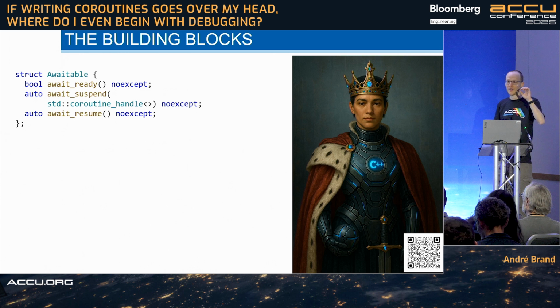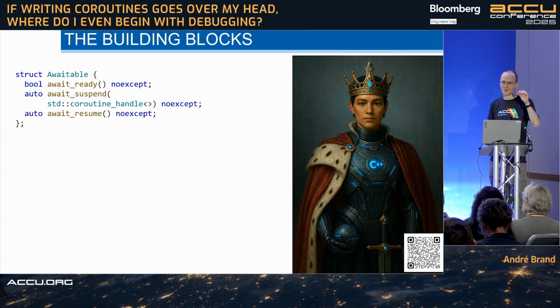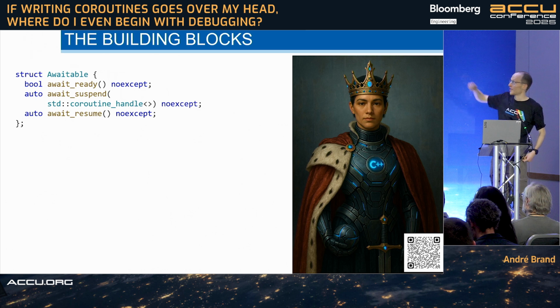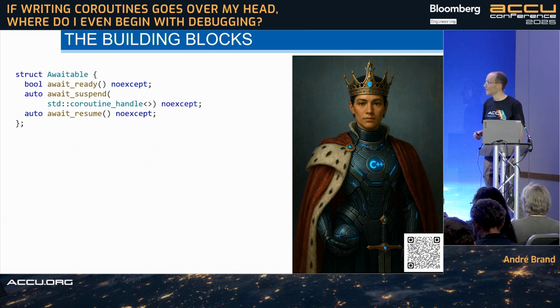It happens before a very central component of suspension. So it's kind of important to distinguish between the two. So in the maybe example, you can, for example, destroy the coroutine immediately in await suspend because you are guaranteed that the coroutine is suspended. And if the coroutine is suspended, you can destroy it, but it would be undefined behavior to do so in await ready.